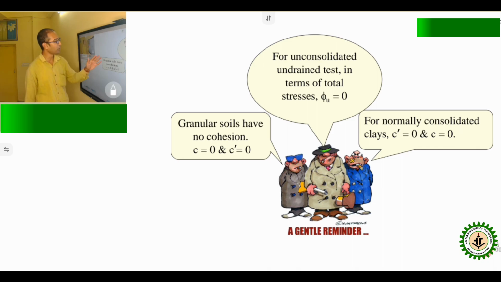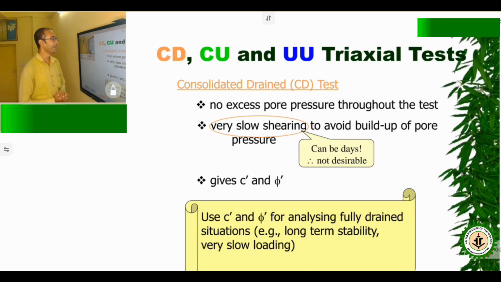Granular soils have no cohesion, so C dash is equal to 0. For normally consolidated clay, C dash equals 0. This is a gentle reminder. Now the CD, CU and UU triaxial tests. In consolidated drained, there is no excess pore pressure throughout the test. Pore pressure: between individual grains there are voids, and these voids are filled with water.